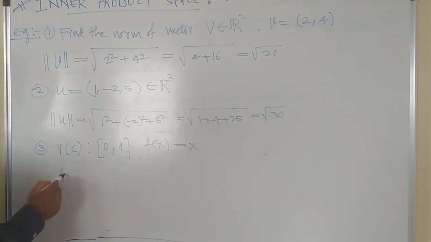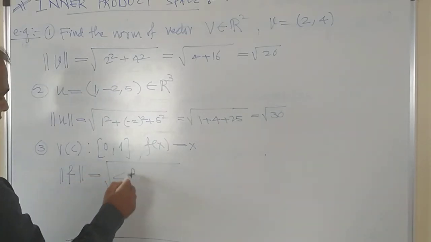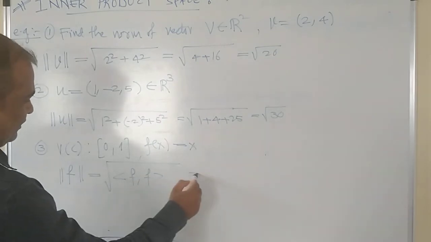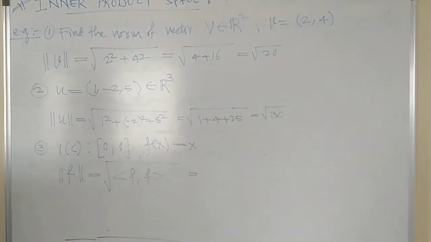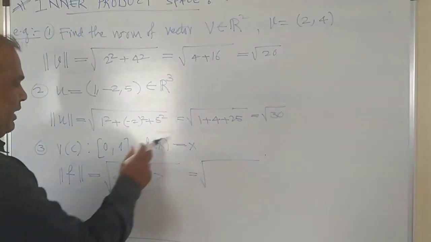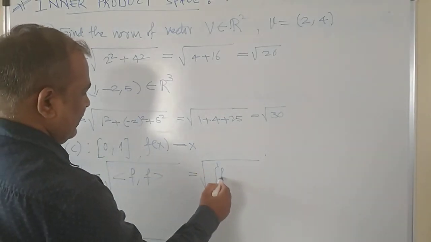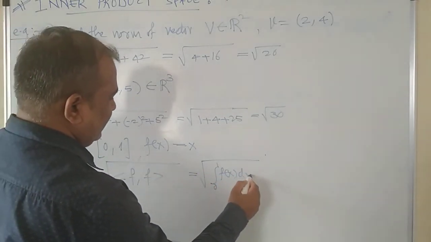Then the norm of the vector f is equal to the square root of the inner product of the vector in this way. So you are taking the inner product of the vector with the vector itself, and this can be done in the square root by taking the integral with its limits from 0 to 1 of f of x times f of x dx.